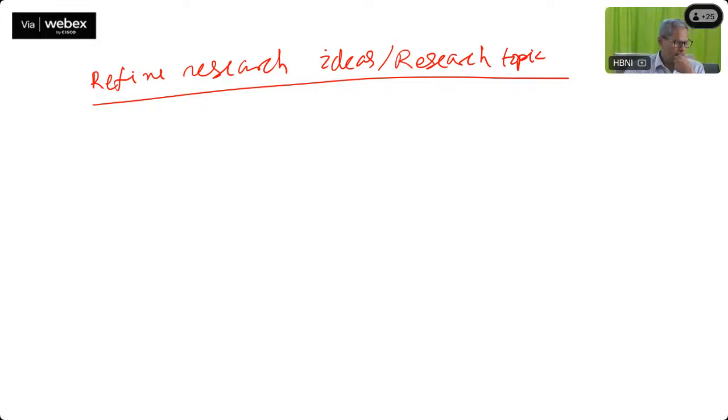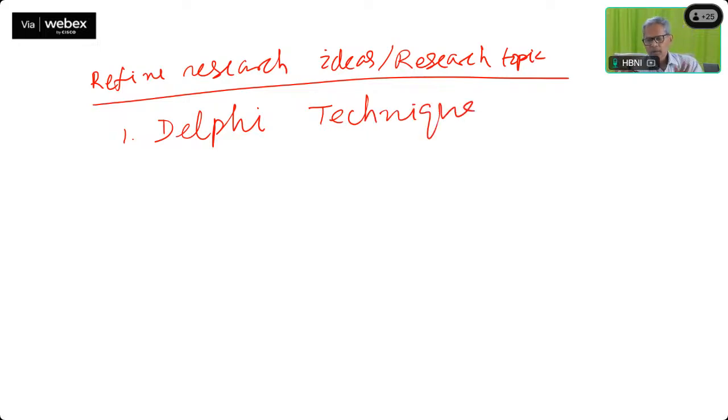There are a few ways. Suppose you got a research idea and wanted to do research in this area. But before you really take it up, it is better to carry out certain studies, called the Delphi technique, to make sure that your research idea or topic is the right one.